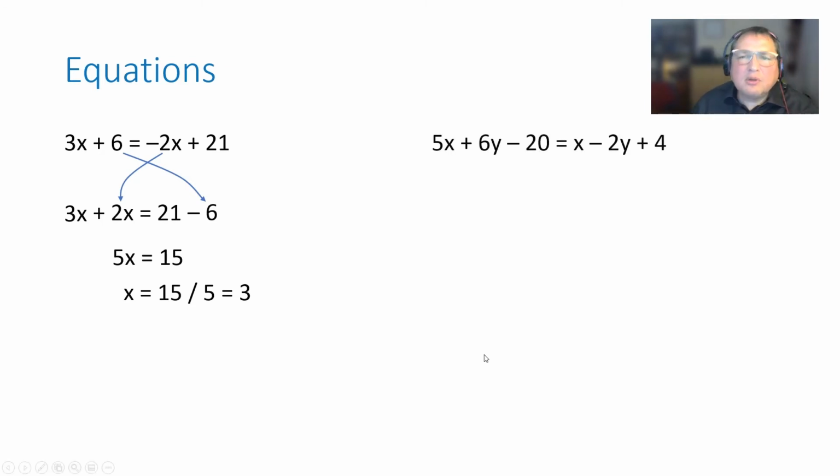One more example is an equation which seemingly has two unknowns, but sometimes we need to solve an equation against a particular unknown, and in this case we will solve this equation against x.